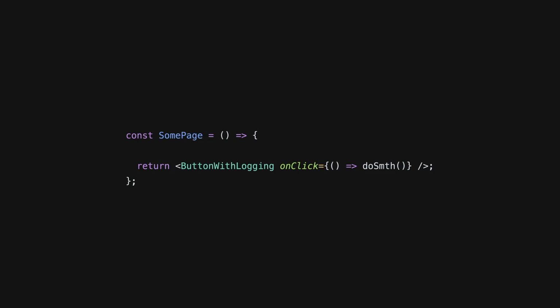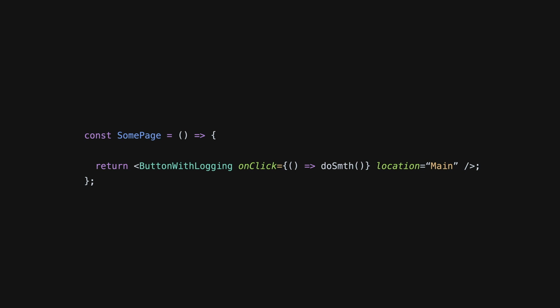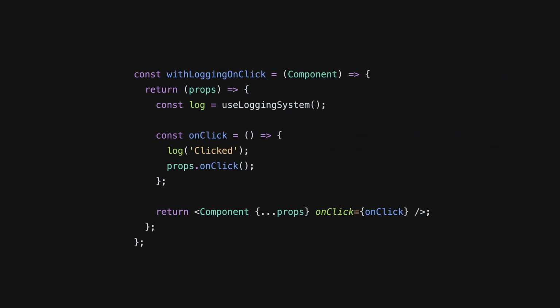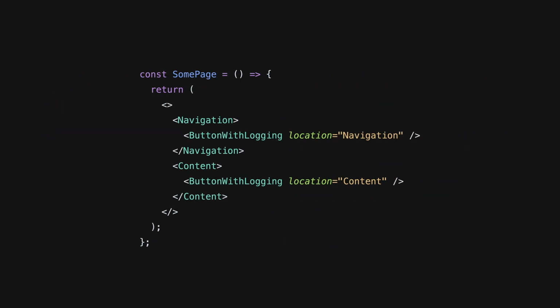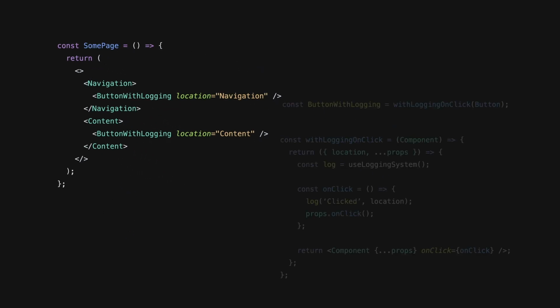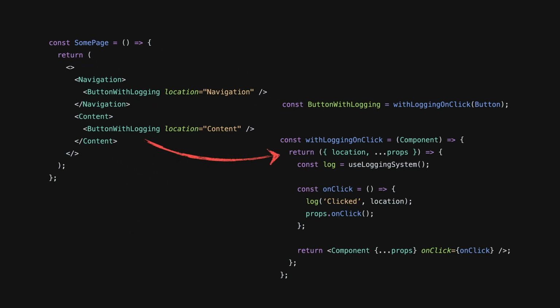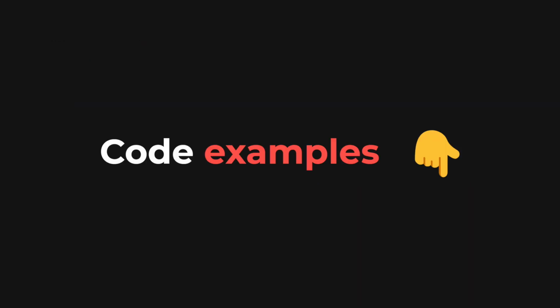For that, we can pass our location as a prop. Then extract that prop here and pass the rest of them back. Now we can just render different buttons with different props where they need to be, and analytics will just magically work. Tracing that data flow always gives me a headache, so don't be surprised that it might take a few passes to fully understand it. And don't hesitate to check out the code examples in the description.